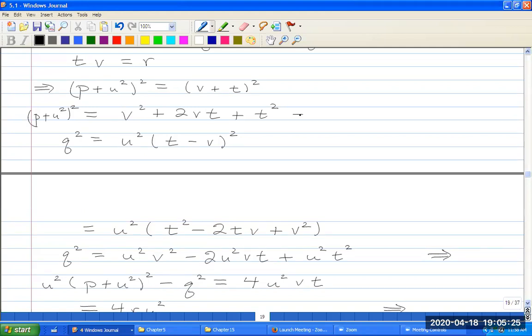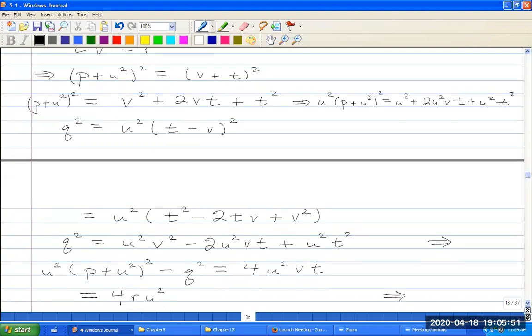So this is u squared times p plus u squared, squared, equals u squared v squared plus 2u squared vt plus u squared t squared. Okay, so if you take this term here and subtract this term, you get u squared times p plus u squared, squared, minus q squared.